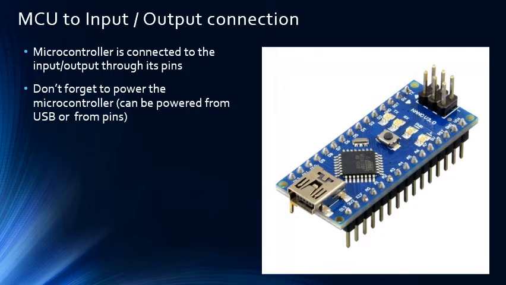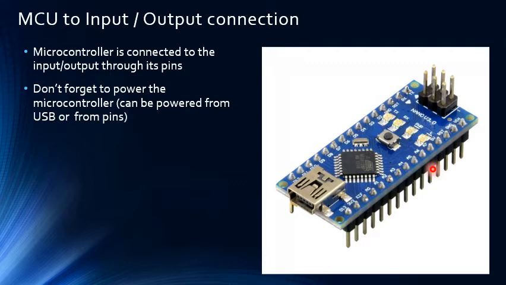So the input and output devices are connected to the microcontroller through these pins. You can see them here. So the connection is through the pins. These pins are used to connect to the input and output devices, but not just that.